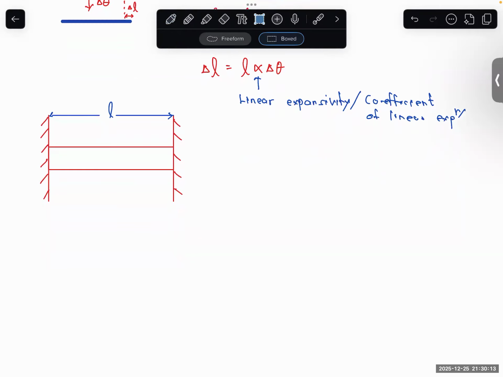Now you are heating it. You are giving some heat. Now, will the kinetic energy of the molecules increase here?